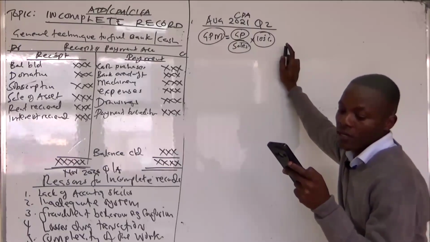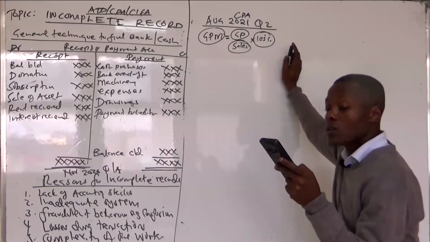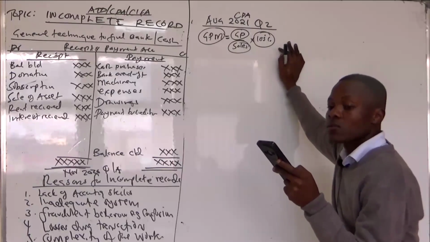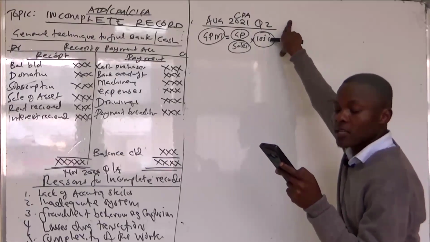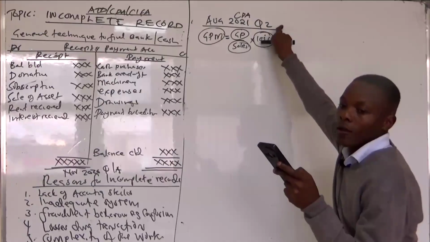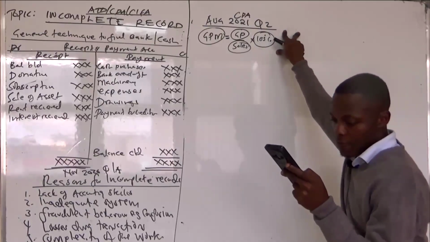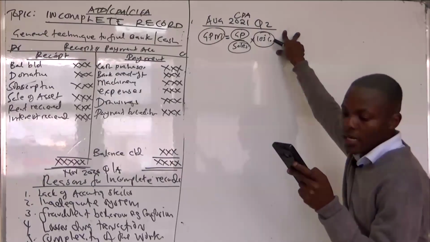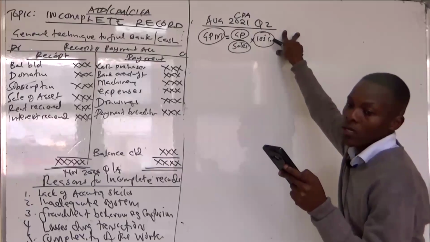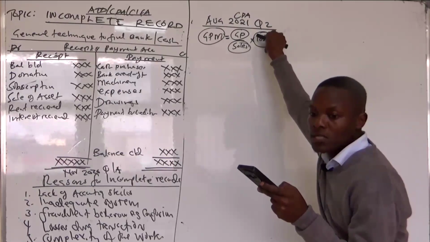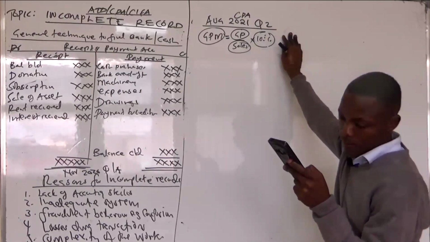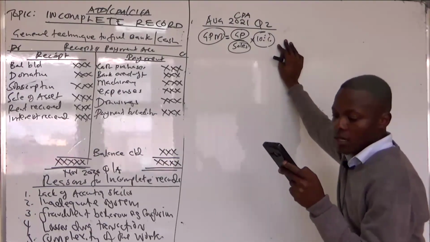We are not talking about refund, I'm sorry. When we talk about discount received, it is when allowance has been given to the firm by the suppliers due to the payment that they have made in time. But when we talk about discount allowed, it is that allowance that is given back to the customers by the firm since they have made a prompt payment over what they took as a credit.